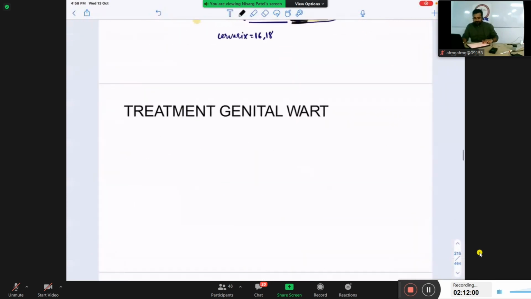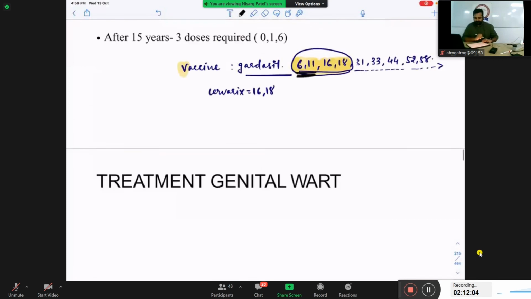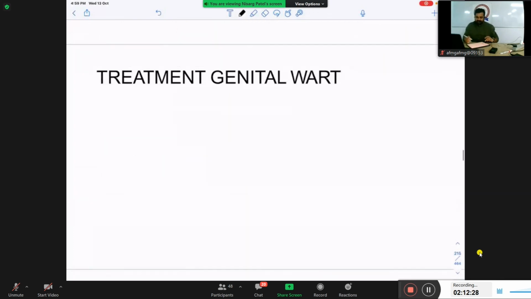So how to treat genital wart. Treatment of the genital wart, very important.